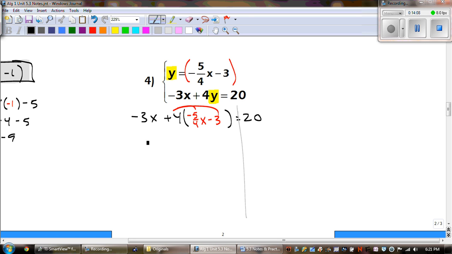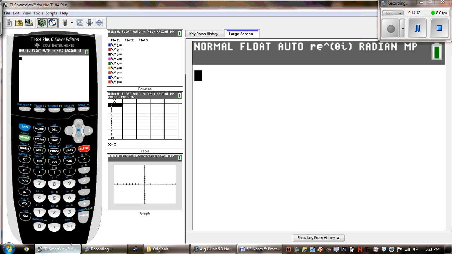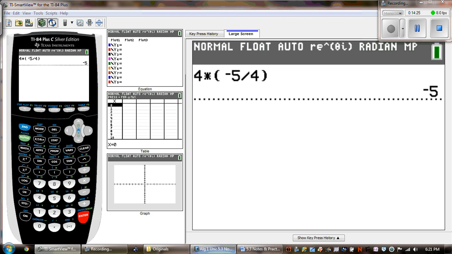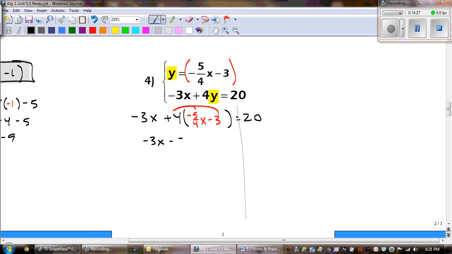So I'm going to bring the negative 3x down. Now we're multiplying 4 times negative 5/4, not 5/3, 5/4. So that equals negative 5x, and 4 times negative 3 is negative 12.